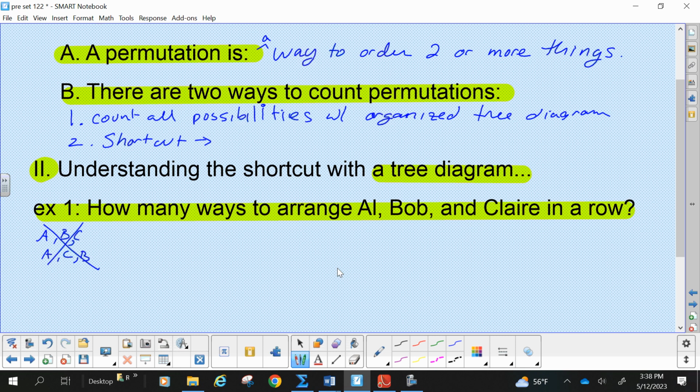So the first thing you're going to do is vertically put all the possibilities for the first seat.